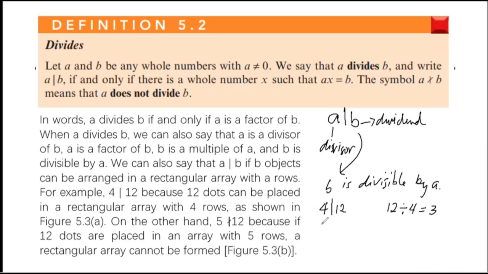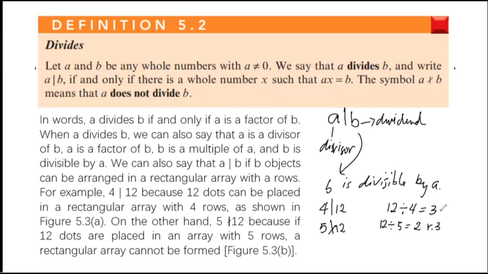Okay? Otherwise, pag ginawa mong 5, 5 does not divide 12, di ba? Why? Kasi pag kinuha natin ang 12 divided by 5, ay meron ka lang 2. Diba? Pero meron siyang remainder. Ang remainder niya ay 3.